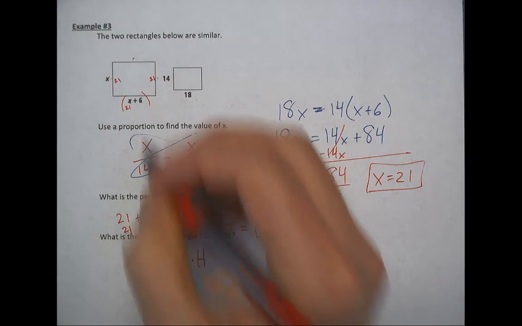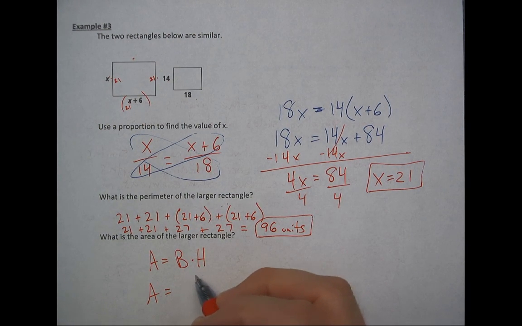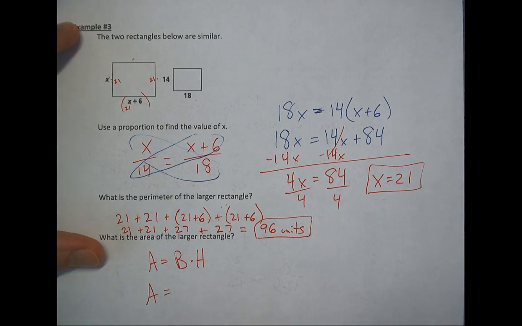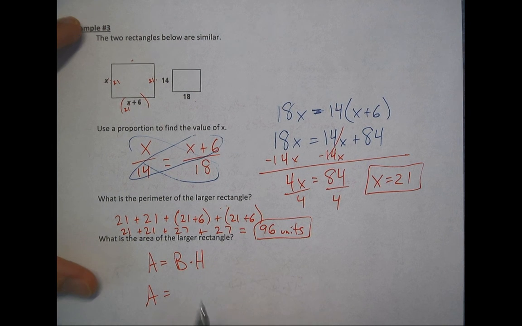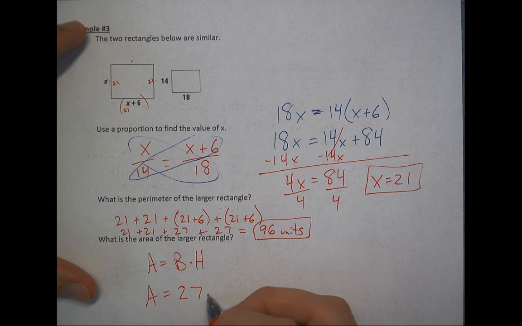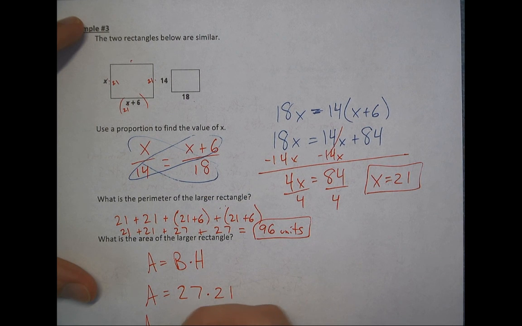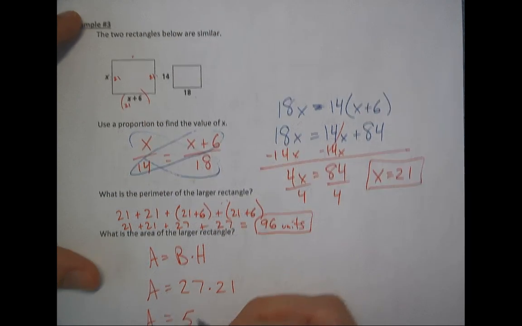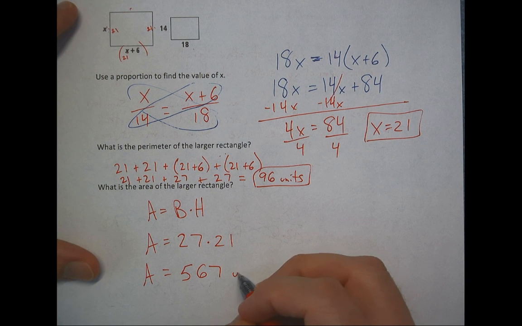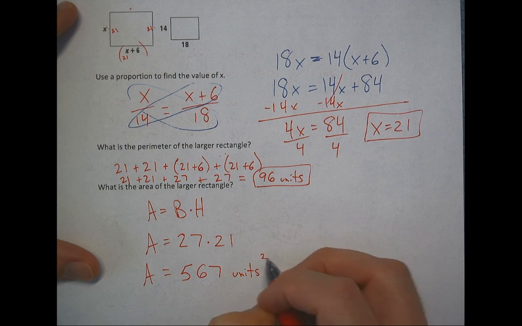So your base and your height are your 27 and your 21. It doesn't matter which one you call the base and the height, because depending which way you flip this, you may change your mind which one's which. But you're multiplying, so order doesn't matter. So 27 times 21, our area is 567 something squared.